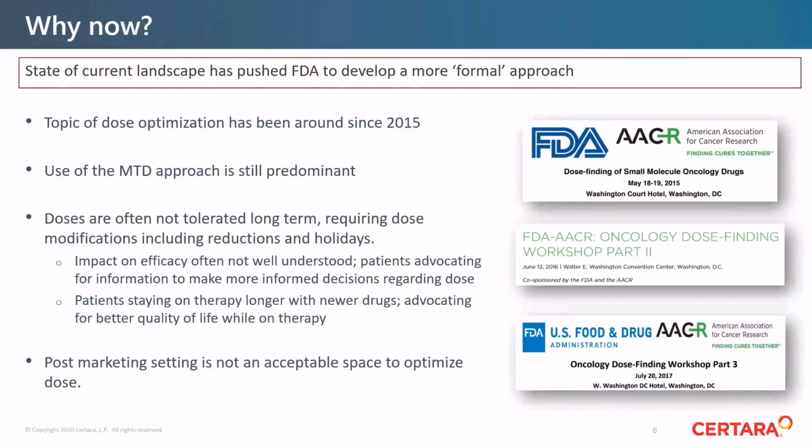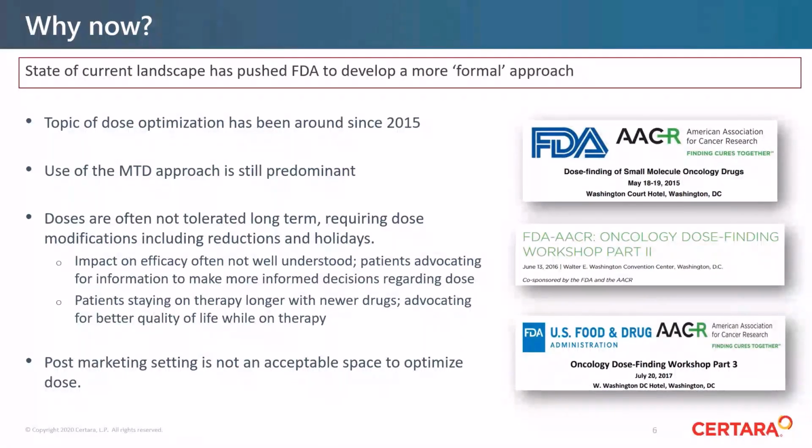Another key reason is likely increased patient advocacy and an increased focus at the FDA on patient voice. With an improvement in oncology drugs in development, patients taking targeted therapies are living longer and are therefore remaining on their drugs longer.